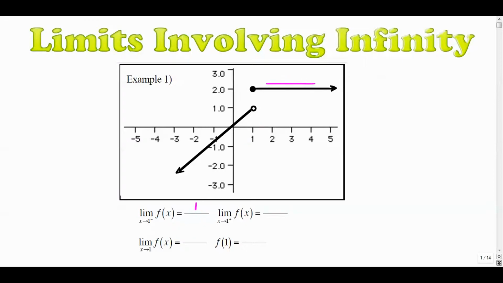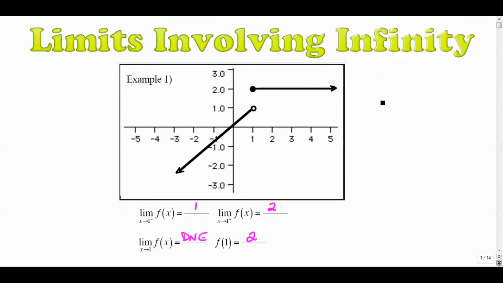From the right-hand side, the right-handed limit as x approaches 1 from the right-hand side, the function approaches positive 2. Which means the overall limit, since these don't agree, does not exist as x approaches 1 generally. The function value when x is 1 is the closed dot, positive 2.